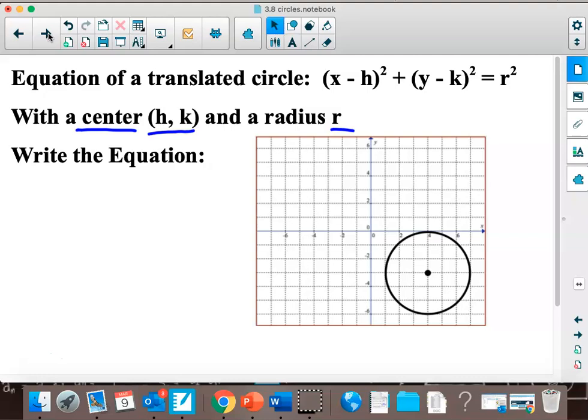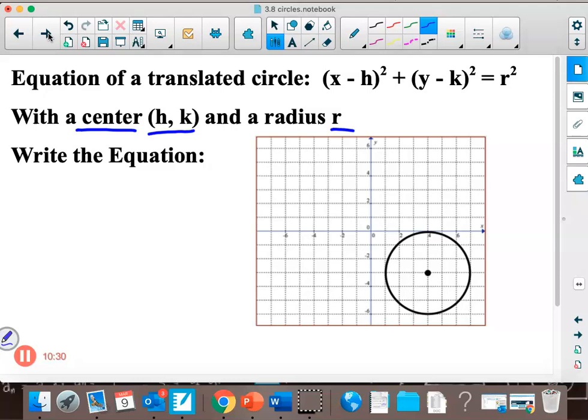Yeah. And then make sure you put squares. Yeah. The H is how far left. Oh. Yeah, it's not. Okay.